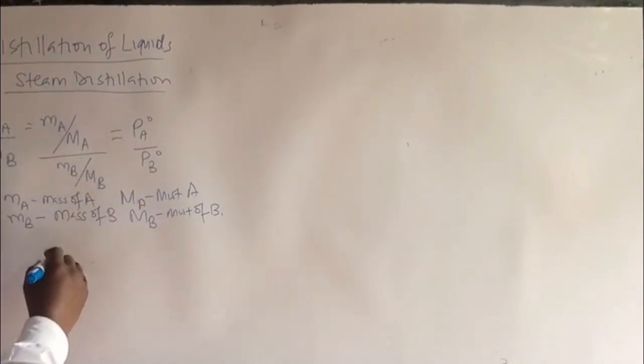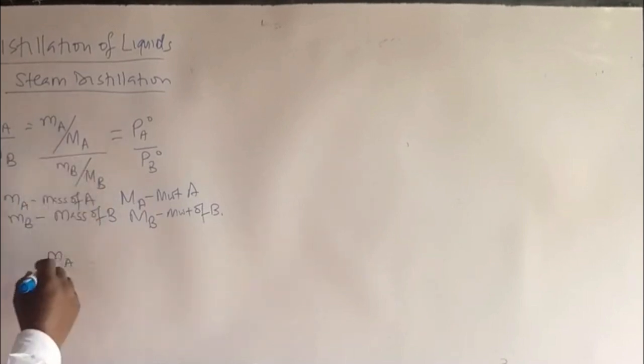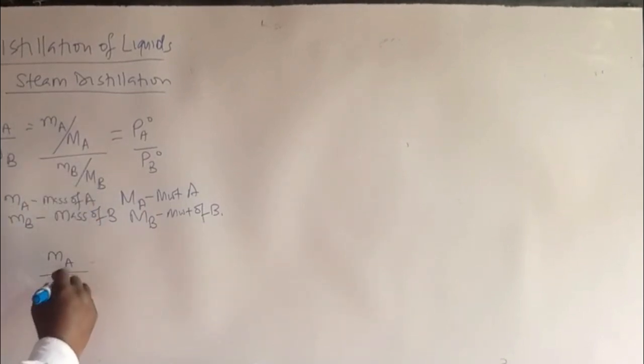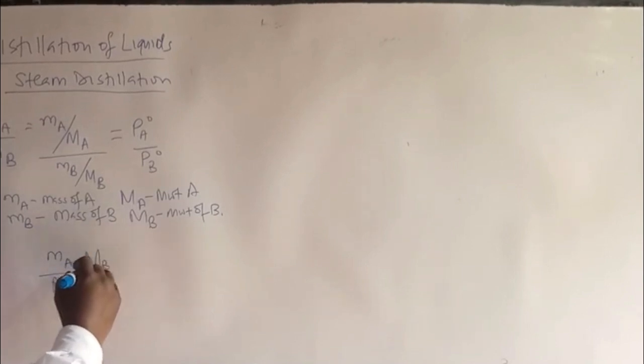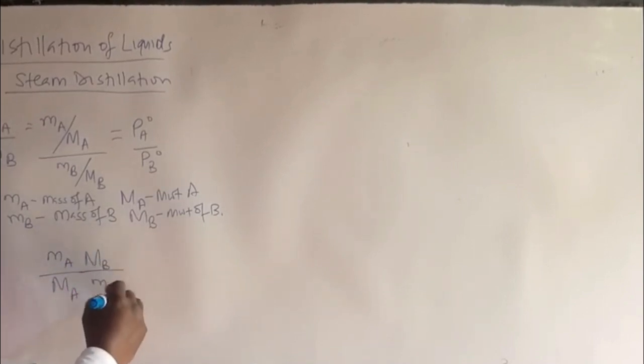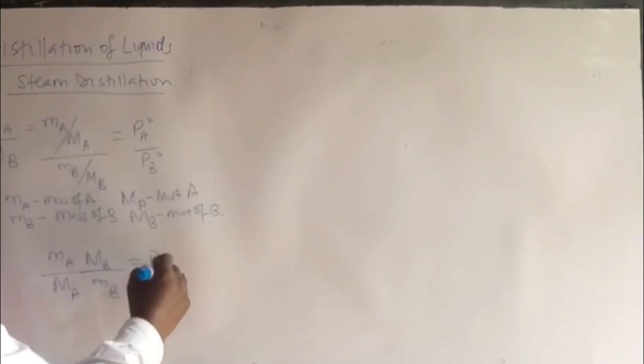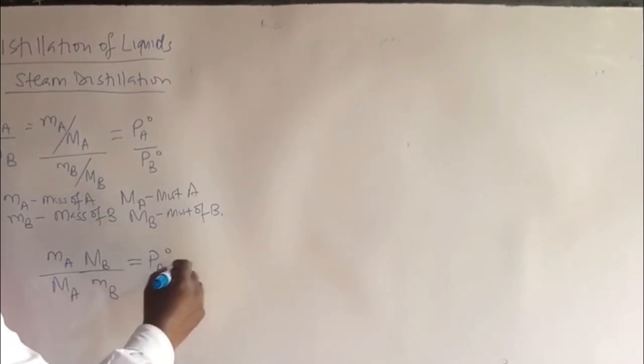capital MA over small mb is equal to PA naught over PB naught.